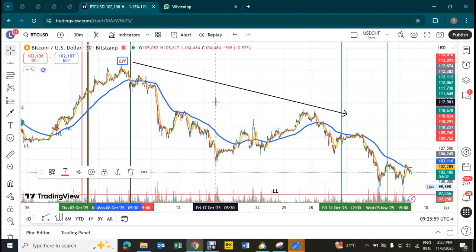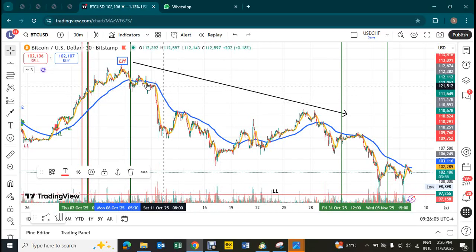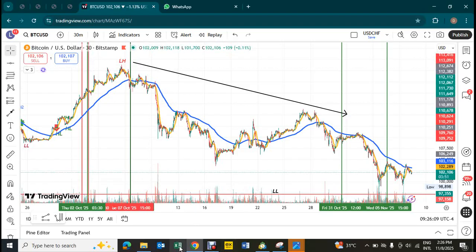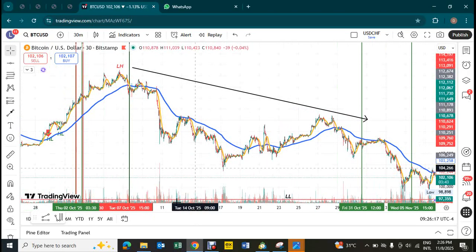So now it's a lower high. Great. And after a lower high, what are we expecting? We're expecting to see a lower low, right? So we should be expecting a lower low at this end, just like how we have here.